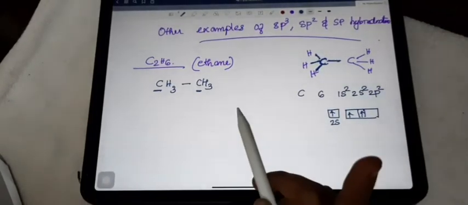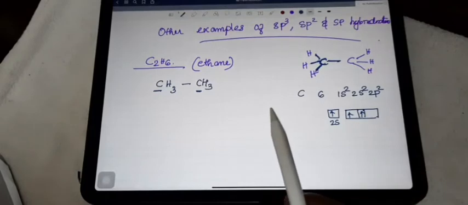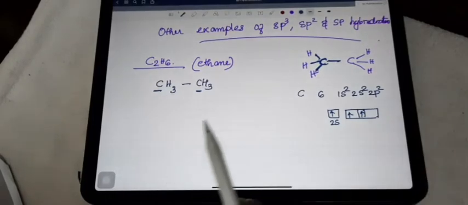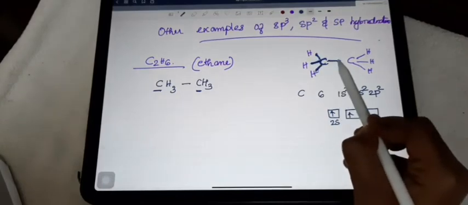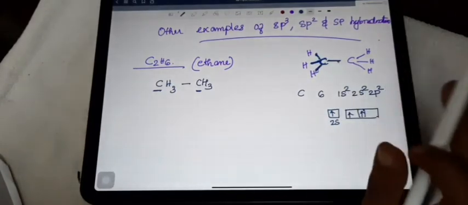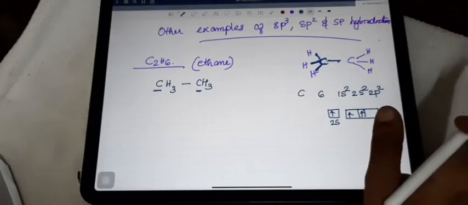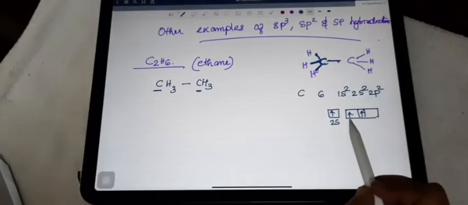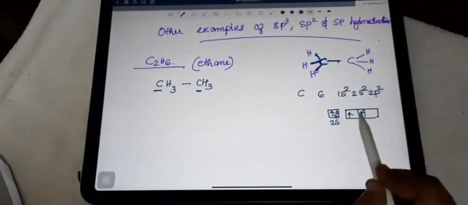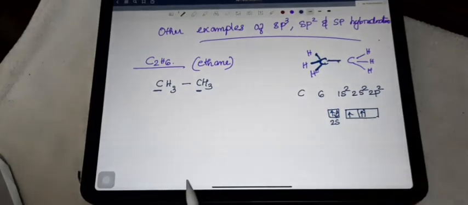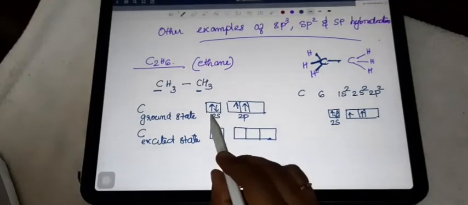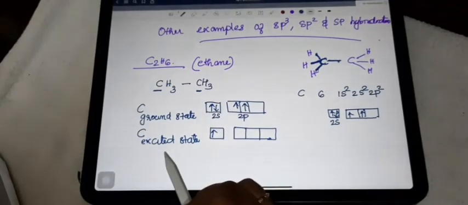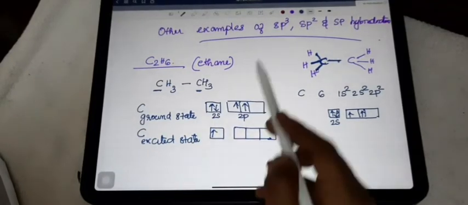So it needs 4 half-filled orbitals. Clear, no? How many bonds do we need? It needs to make that many half-filled orbitals, which is needed in the excited state. Here you know there are only 2 half-filled orbitals. So in the next stage, when we write the excited state, what will happen?